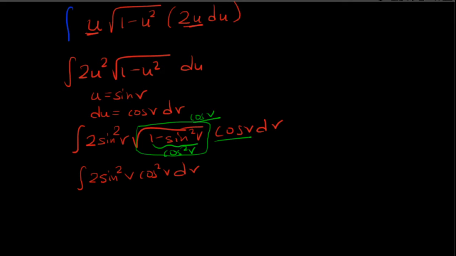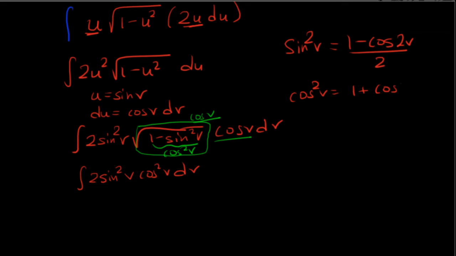Next, we're going to rewrite sine squared and cosine squared. This is the form that we're looking for. Sine squared is 1 minus cosine 2v over 2. Cosine squared is 1 plus cosine 2v over 2.